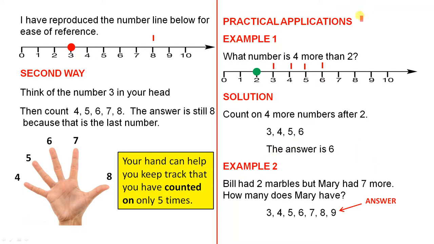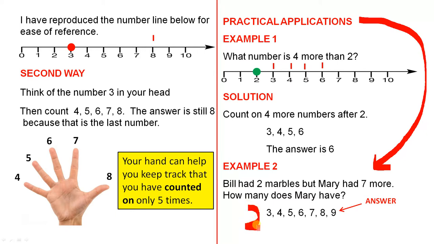Now, by practical applications we mean, here's an example in everyday life. Bill had 2 marbles, but Mary had 7 more. How many does Mary have? Okay, so just pretend Bill's got 2 marbles, so if that's a number line, there's your number 2.